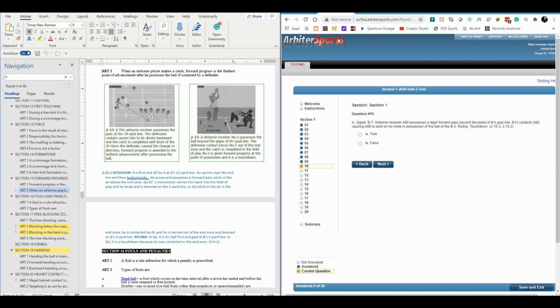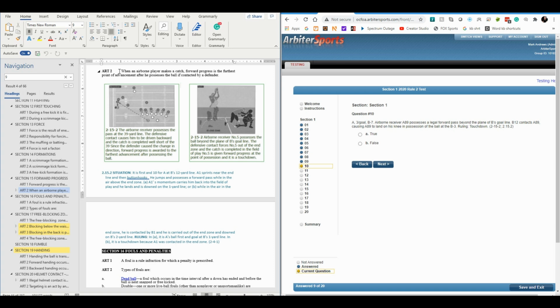Okay, so now you remember that previous question where we talked about a player being hit while airborne and going out of bounds, right? This is different. The rule says, and this is the rule regarding forward progress, and it's so important you guys understand this. When a player possesses the ball and then is pushed back in the field of play, the ball goes where he possessed it, not where he lands.